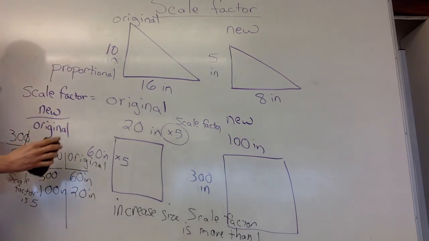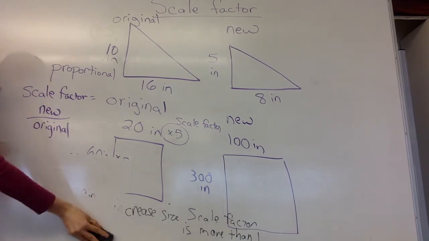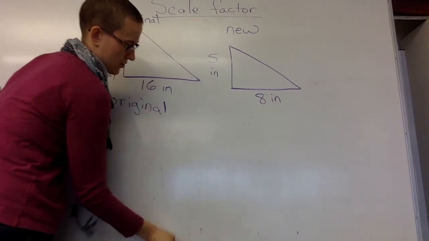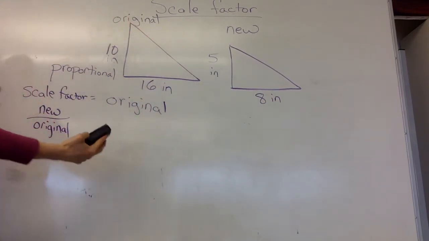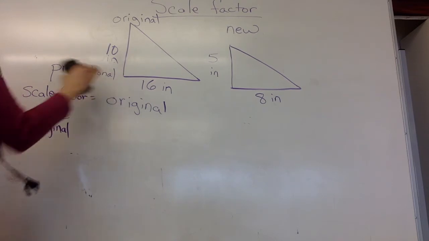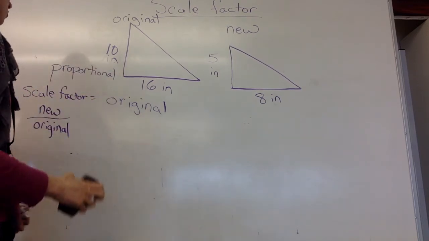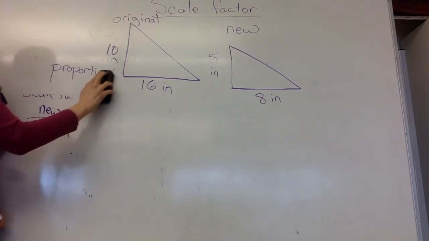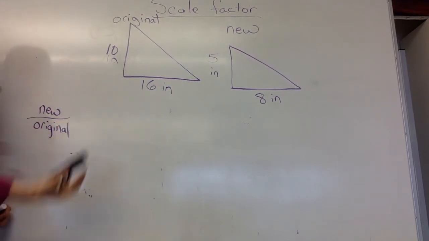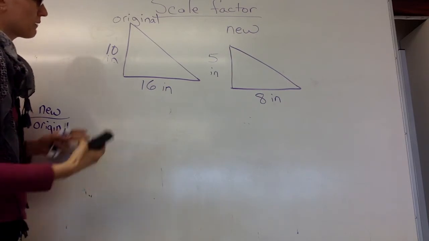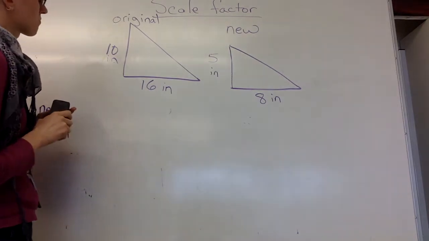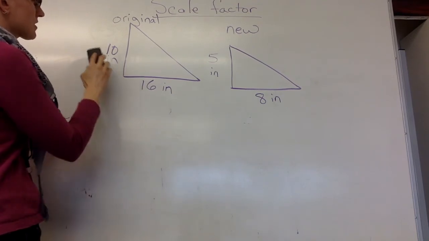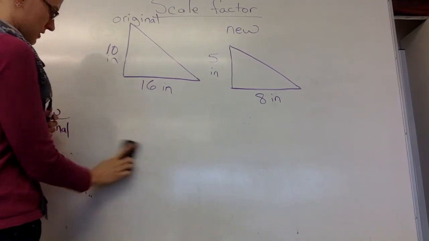So next we're going to look at what happens when we make a shape smaller. Again, we're going to use the idea of scale factor here. Let's say that we have a garden plot here that's triangular with these dimensions, with 10 inches on one side. I guess that's a really small garden plot, but let's pretend that we're just trying to make a shape smaller rather than a garden plot. So 10 inches on one side and 16 inches on another side.